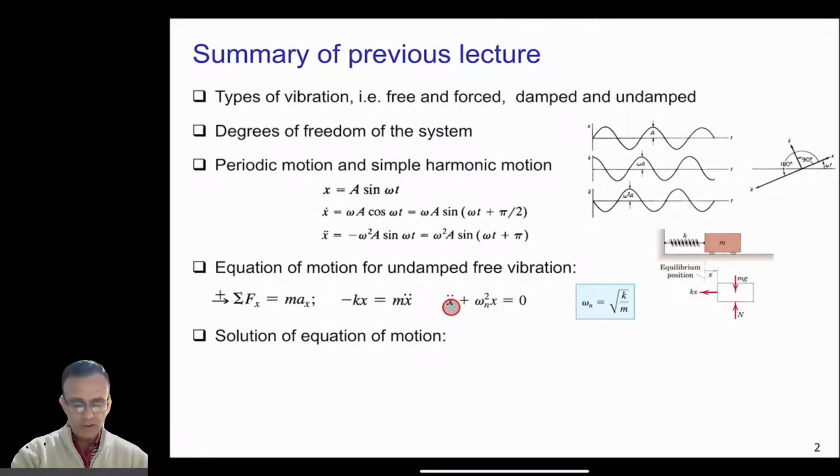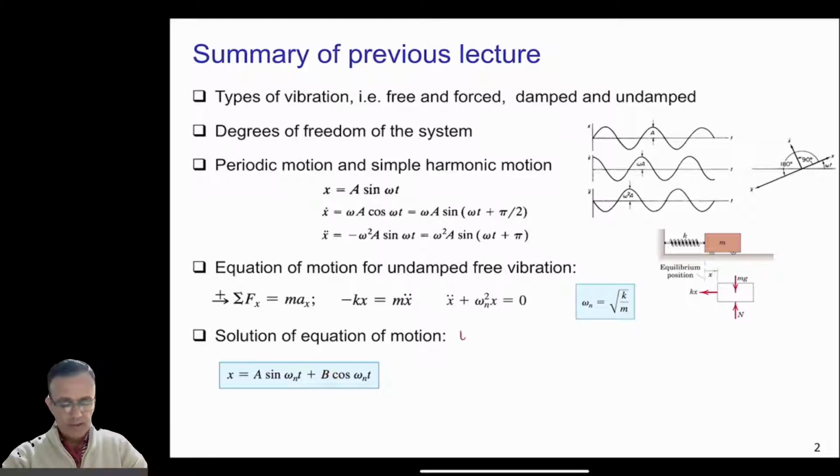From mathematics, we know that the solution of this system is x = A sin(omega n t) + B cos(omega n t). Here A and B are two constants of integration, which we can calculate from the initial conditions, that is at t equal to 0, x is equal to x1, and x dot is equal to v1.